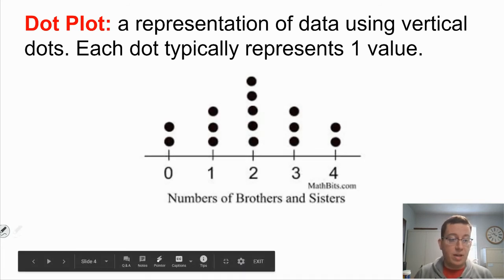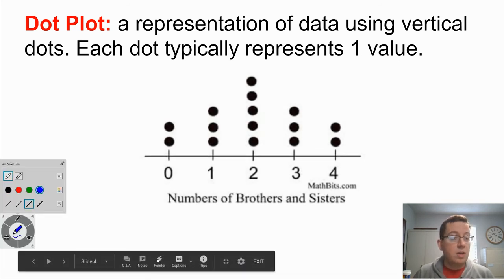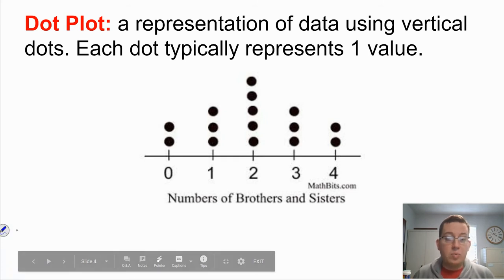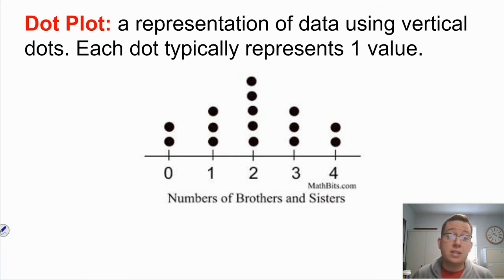Here I have a dot plot, and we are polling a class of students on the number of brothers and sisters. Each dot here represents one person or response. So when we see two dots over the zero, that means two people have zero siblings. That means they're an only child.